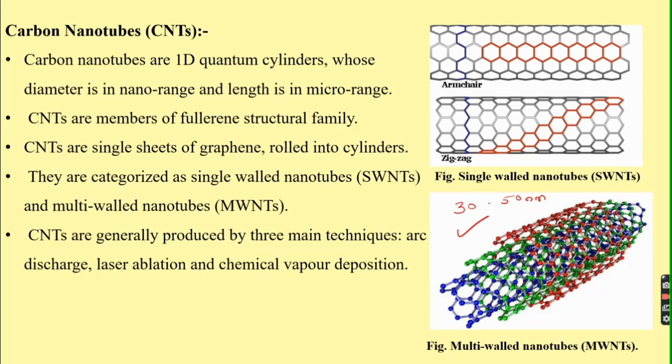Mainly we can observe two types of carbon nanotubes, single-walled or multi-walled carbon nanotubes, or we may classify them another way, as zigzag tubes, chiral tubes, and armchair tubes.